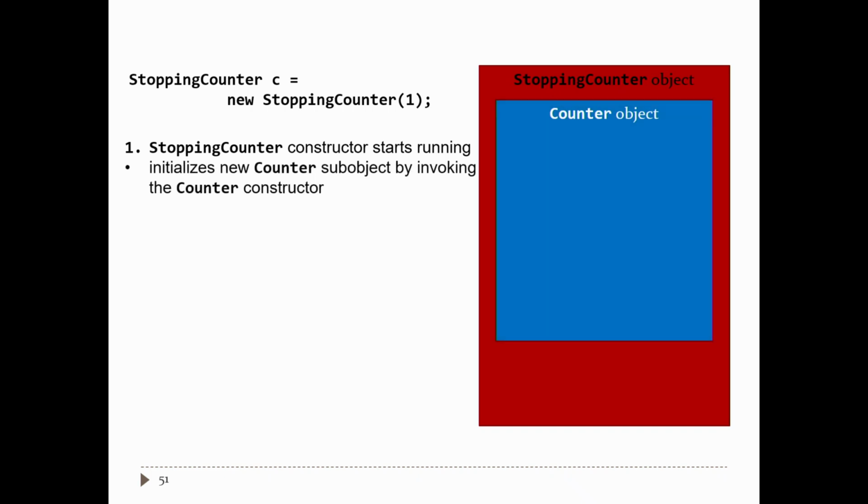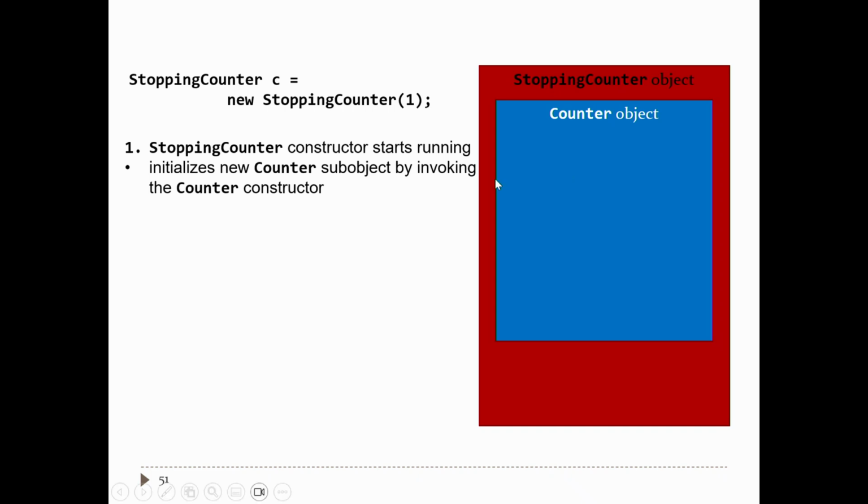The counter part of the stopping counter has to be created. So the very first thing we do is call the counter constructor. The first line of a constructor body must be a call to another constructor. The first line of our stopping counter constructor calls the counter constructor. And that causes the counter object to be created and initialized.